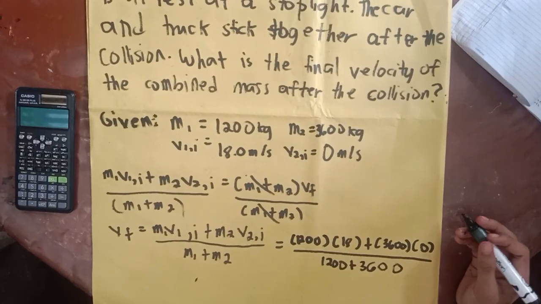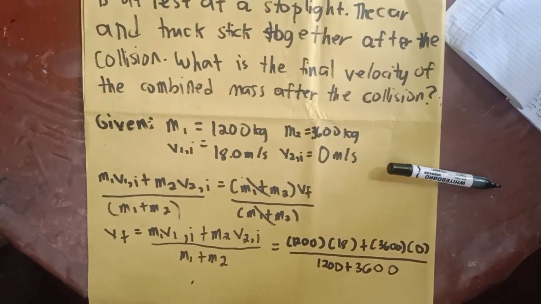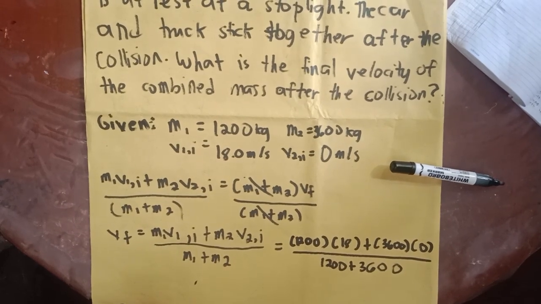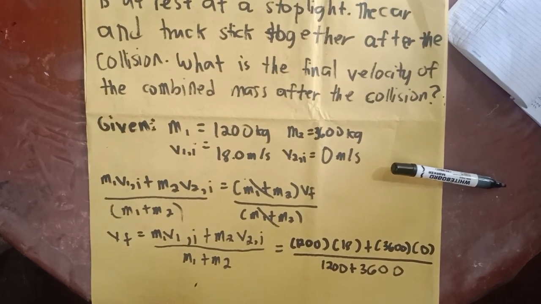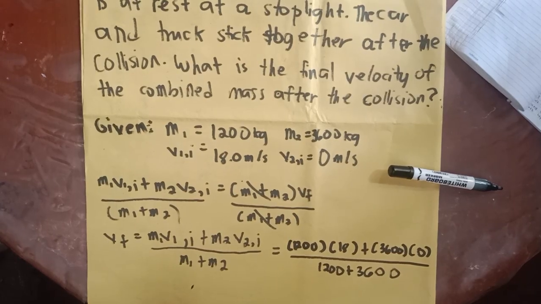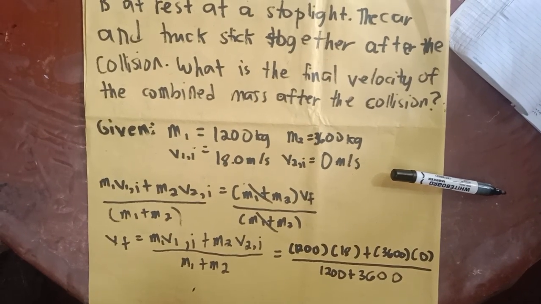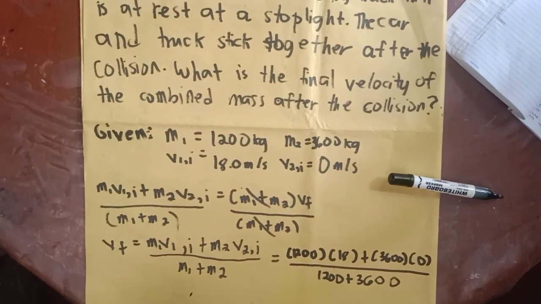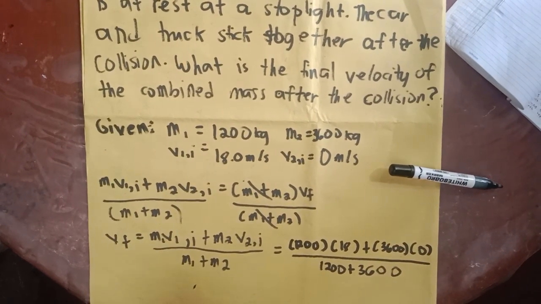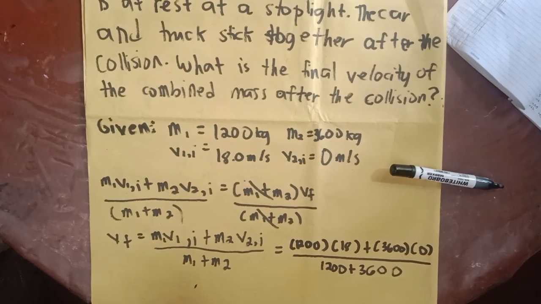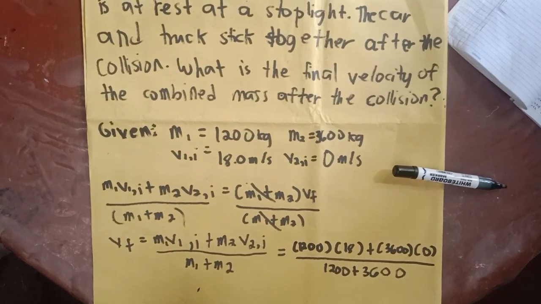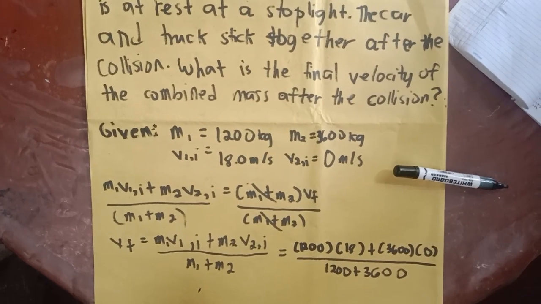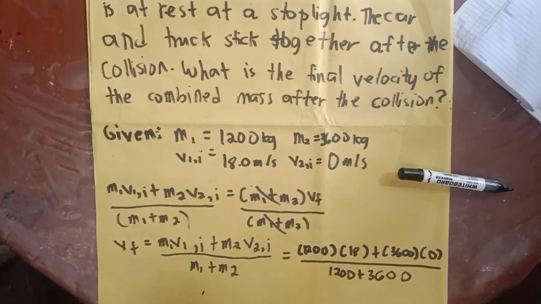So let's just calculate so that we can get the final answer. 1,200 times 18 plus 3,600 times 0 over 1,200 plus 3,600.